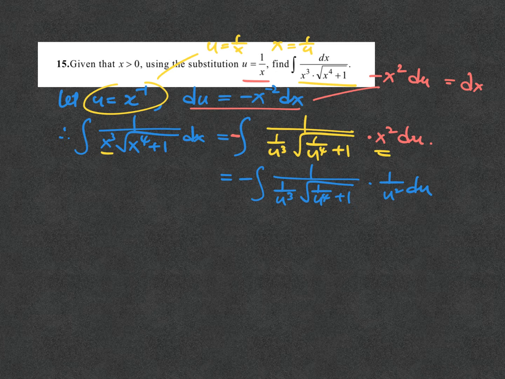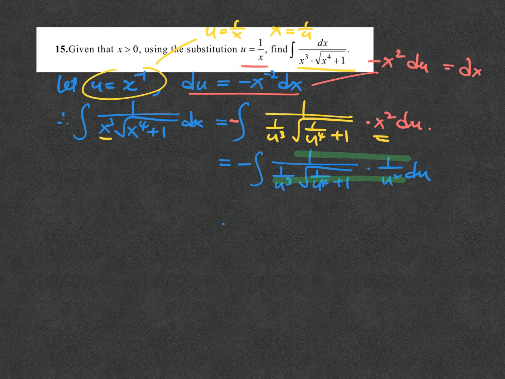Now, you can use the way will be numerator multiply together, which is a 1, denominator multiply to denominator, so that's why it turns up to be minus integration 1 over multiplying u squared, that means 1 over u, square root of 1 over u to the power 4 plus 1, and du. It's still very complicated, right? But now we go and take a look on how we can simplify the denominator.